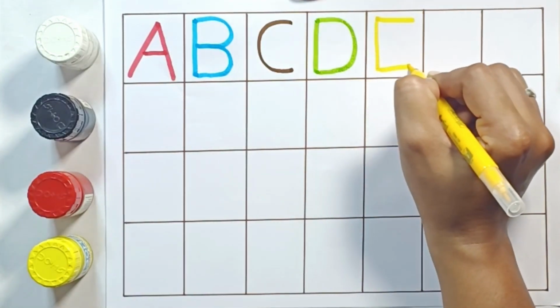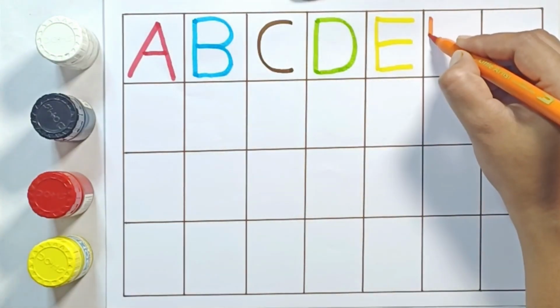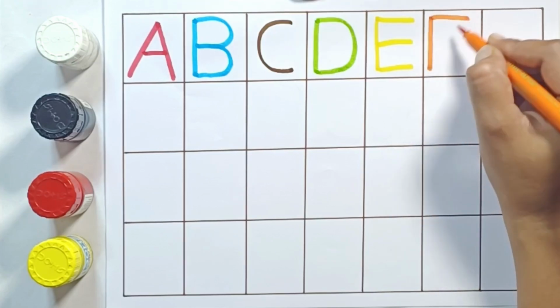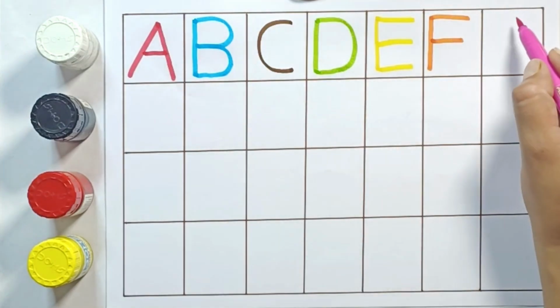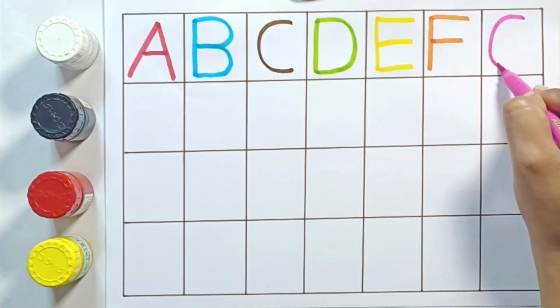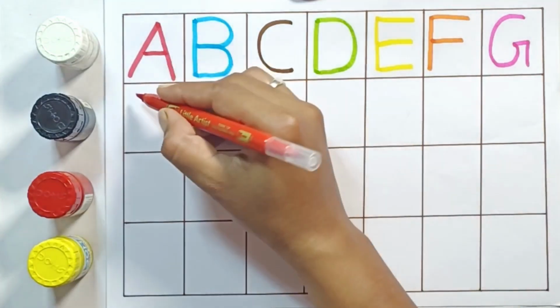E for elephant. E for elephant. F for fig. F for fig. G for grapes. G for grapes.